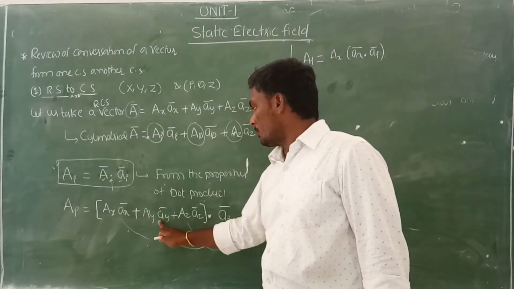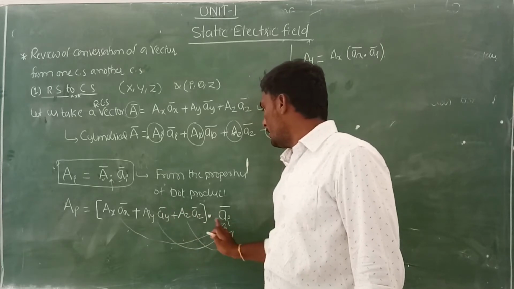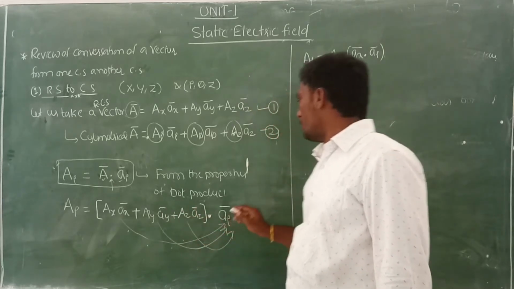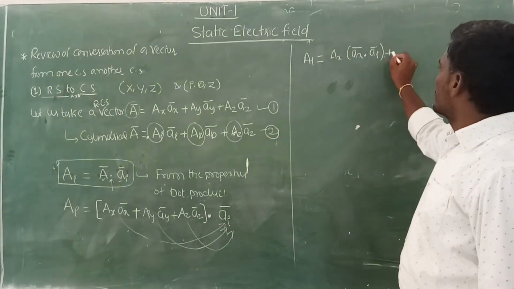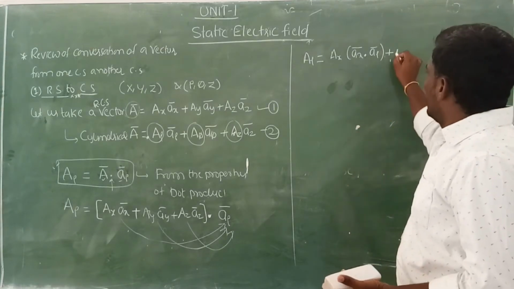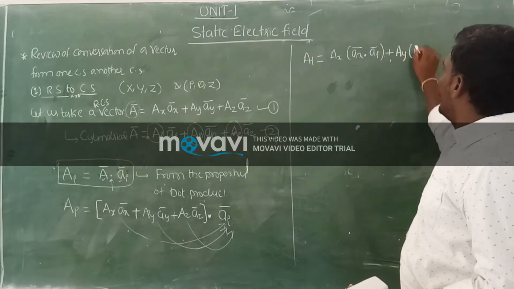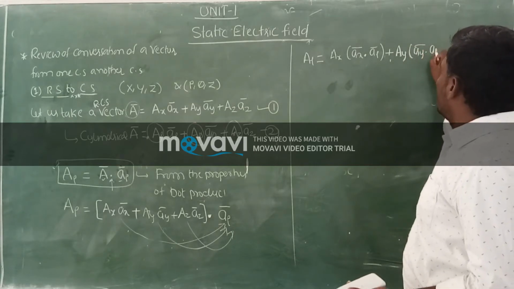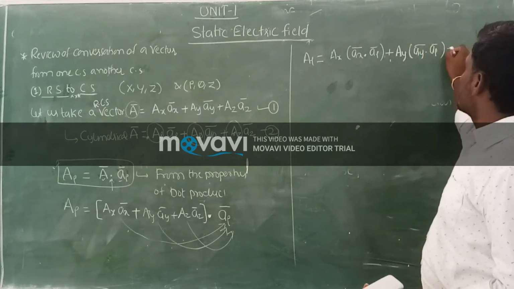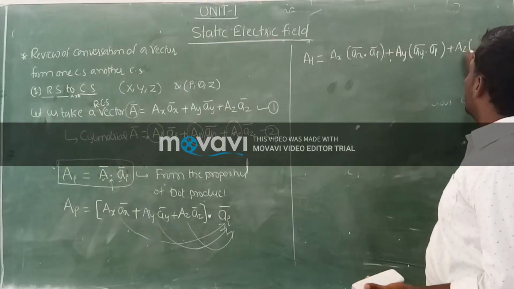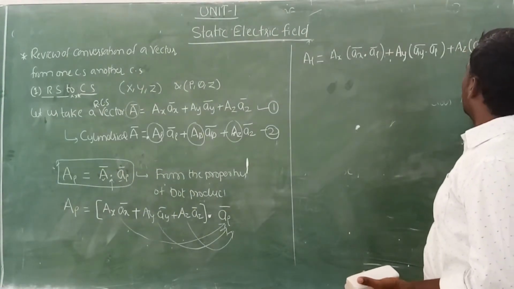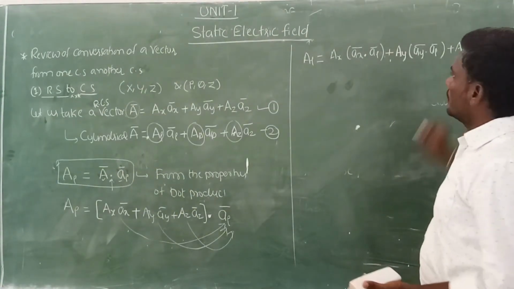Similarly, do the dot product between ay bar and a rho bar, plus az bar dot a rho bar.